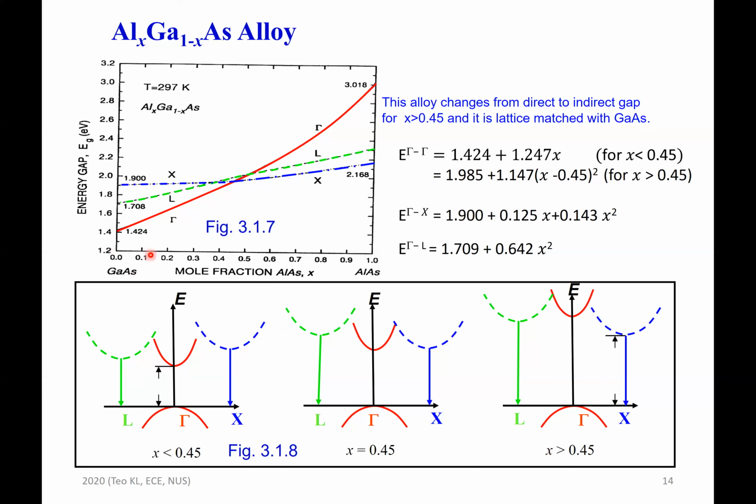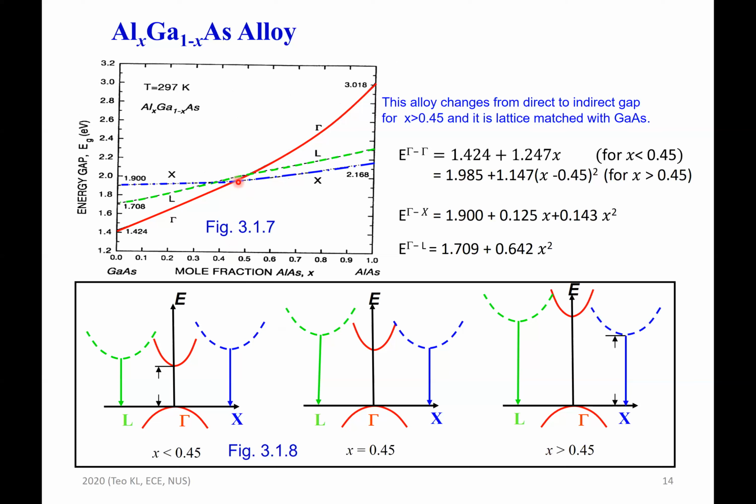So you can see that at a certain composition, gamma and X meet at a certain point. This point is the crossover point, which means that the conduction band at the gamma point and the conduction band at the X value have the same value with respect to the top of the valence band. And that occurs at X equals 0.45.